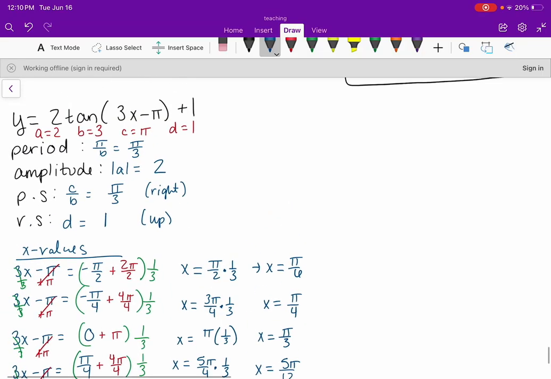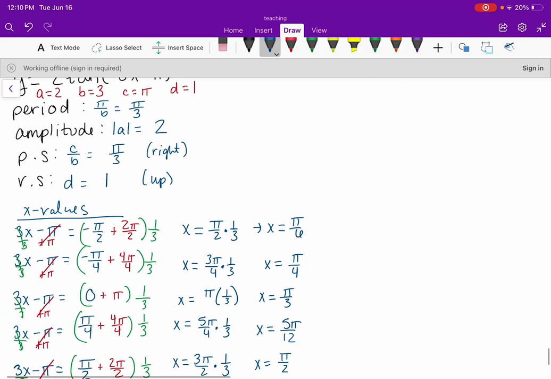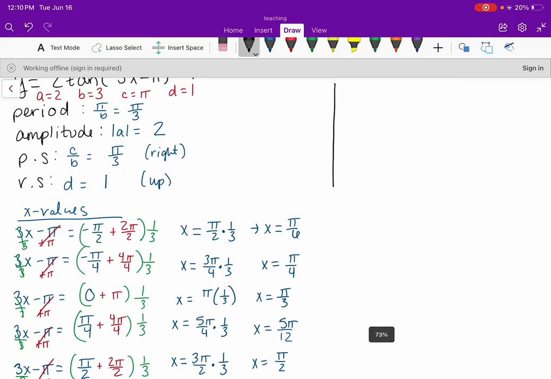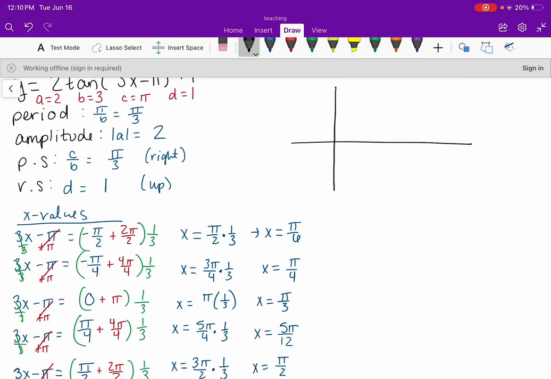So these are my x values, so I'm going to plot these on my graph. They're all positive, so I can draw them all on this side. So pi over 6, pi over 4, pi over 3, 5 pi over 12, and pi over 2.